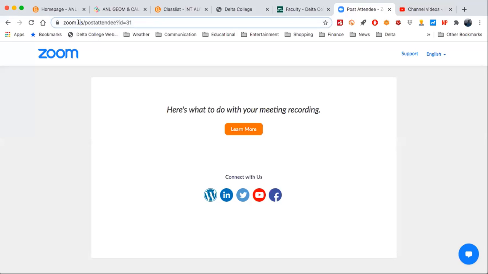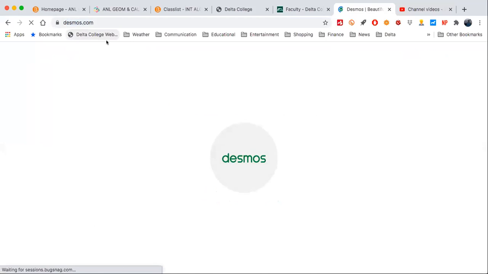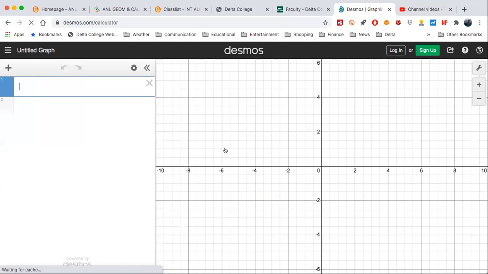All right, so I'm going to just share Chrome. And then we'll go to Desmos, and remember, you can get to Desmos from a browser, but you can also get there from the app. So the apps work pretty nicely, and that should work for you as well.